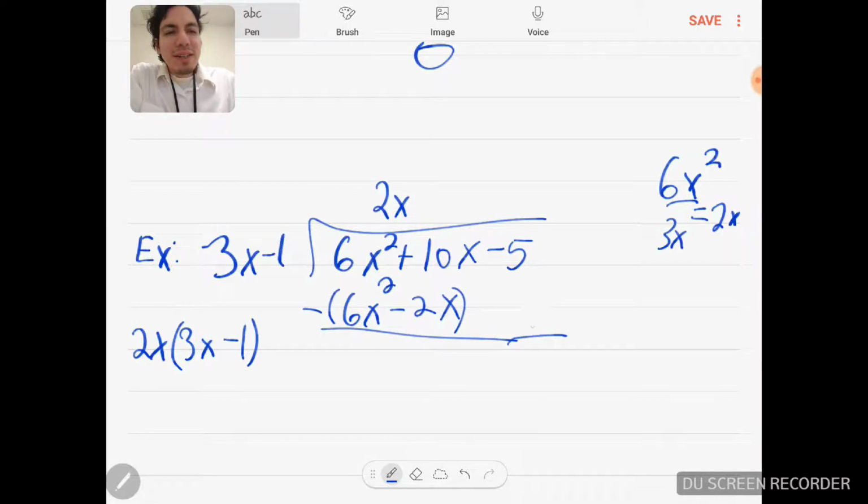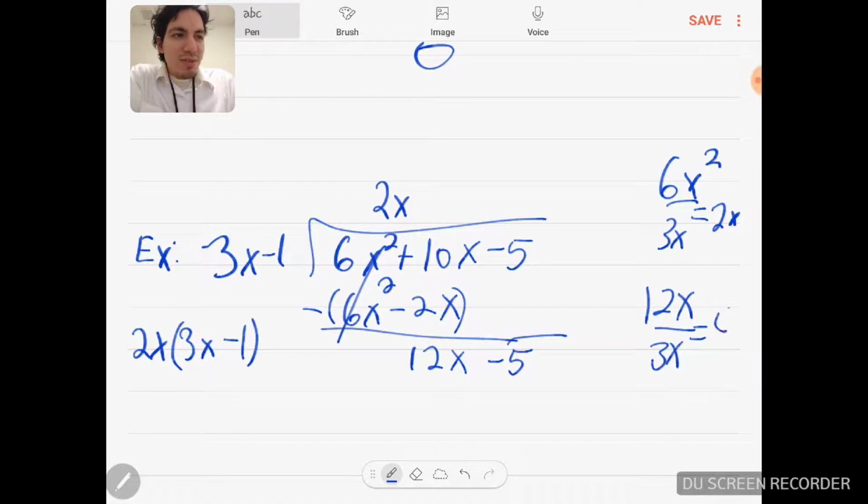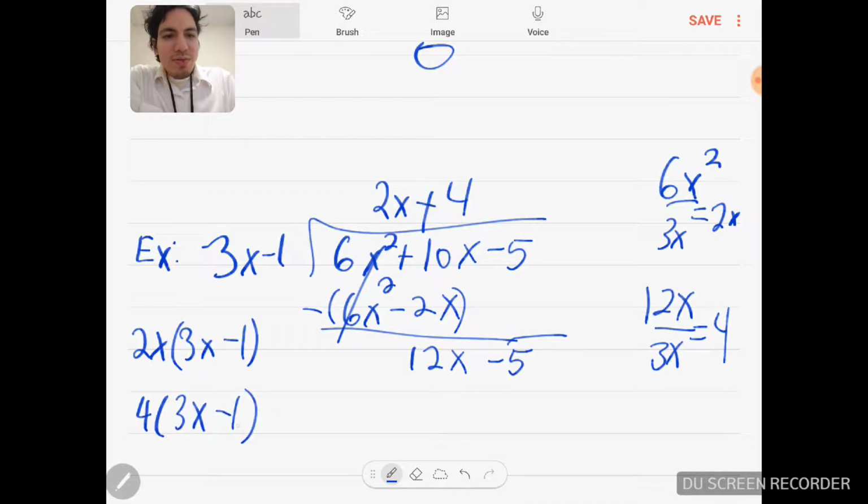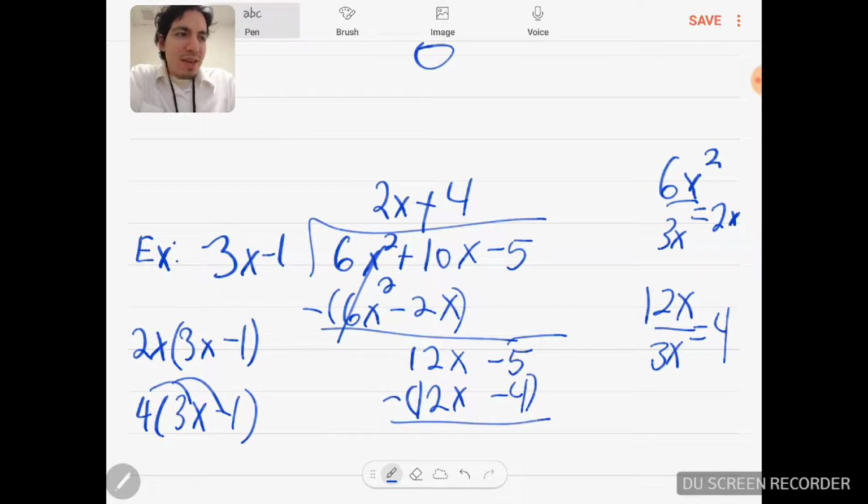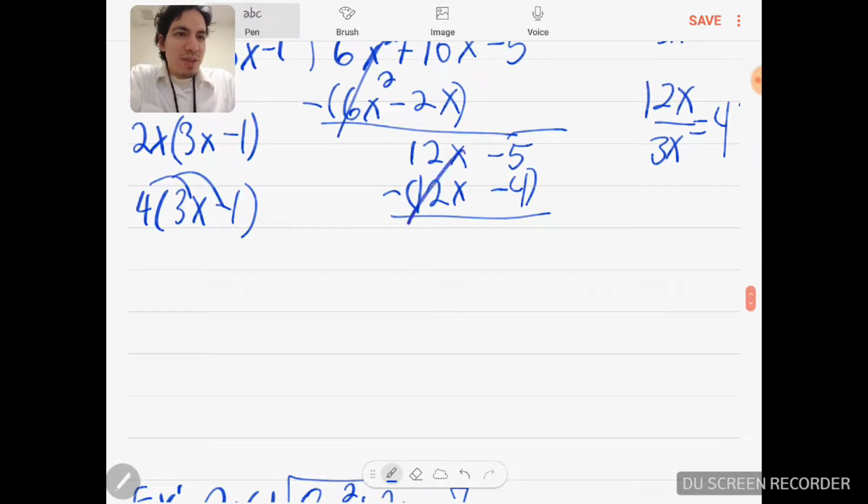So when I subtract, these cancel, and I'm going to get 12x minus 5. So then I take 12x, I divide that by 3x, I just simply get 4. So when I take 4 times 3x minus 1, I get what? I get 12x minus 4. I subtract. This cancels, and this becomes negative 9.